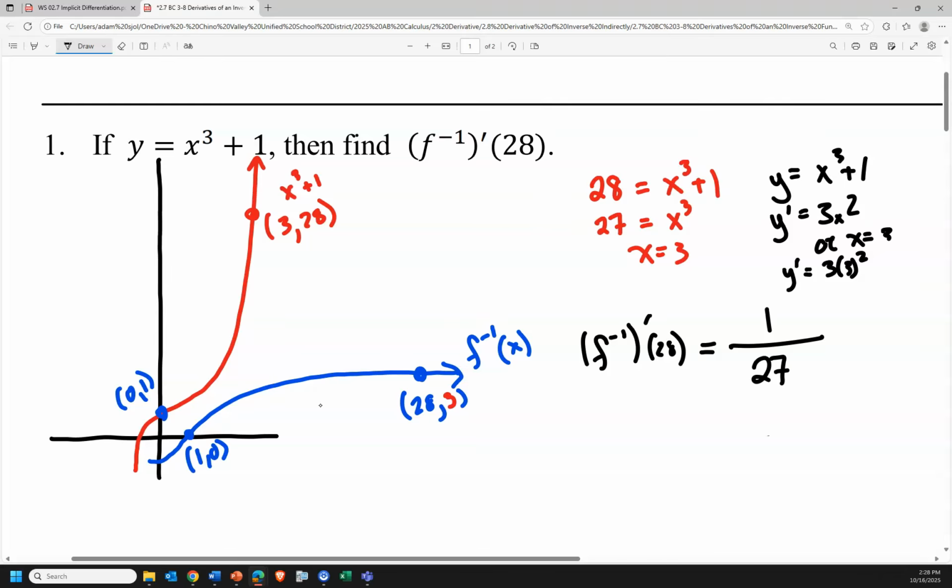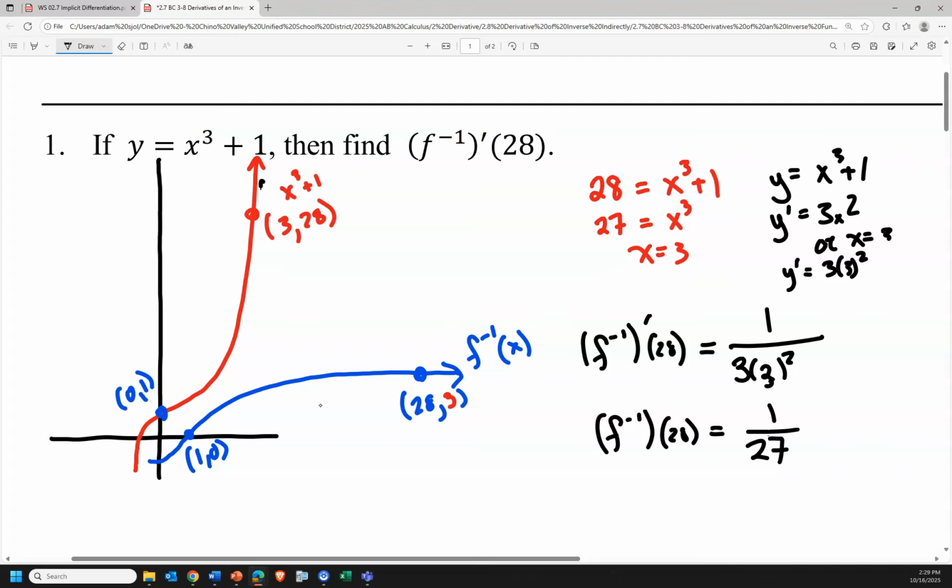So we can just put that down here. The derivative of the inverse at 28 is, maybe we'll write that in 2 stages, 3 times stuff squared, because that's the derivative of x cubed plus 1 at 3. And so the derivative of the inverse at 28 is 1 over 27.